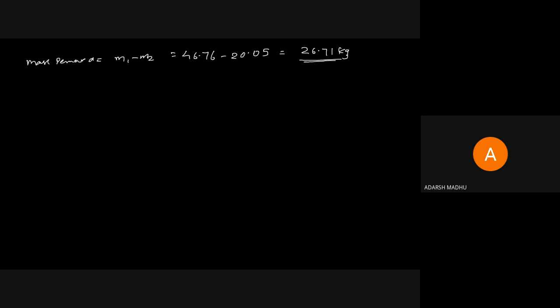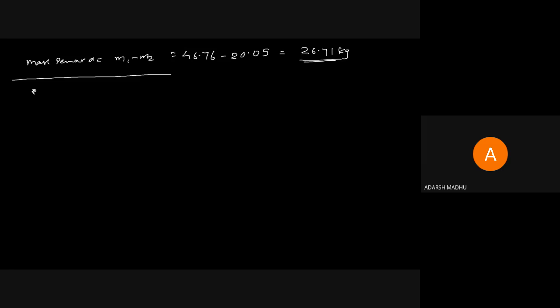And the next question is, express this mass as a volume measured at 1 bar and 25 degrees. The first part is finished. So next you want to express this mass as a volume measured at 1 bar and 25 degrees.